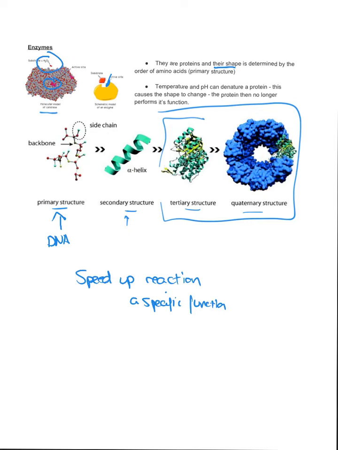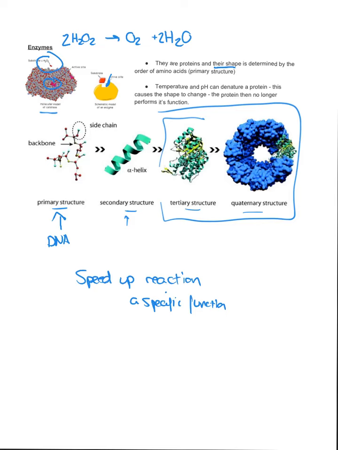Like, for example, catalase takes hydrogen peroxide and breaks it down into oxygen and water. That's its thing. That's what it does. That's the only thing it does. If we added glucose to this, it wouldn't do anything.